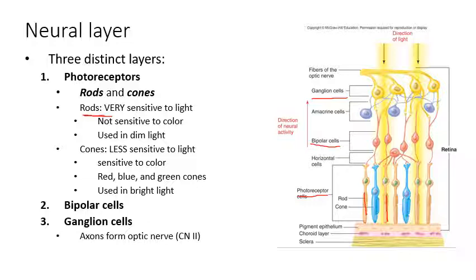But what you lose is acuity, you lose crispness or clearness of vision. The cones are less sensitive to light, so you need brighter light to stimulate the cones. Okay, and the cones are what are actually going to give us our color vision. And we're going to see there are three colors: red, blue, green cones.